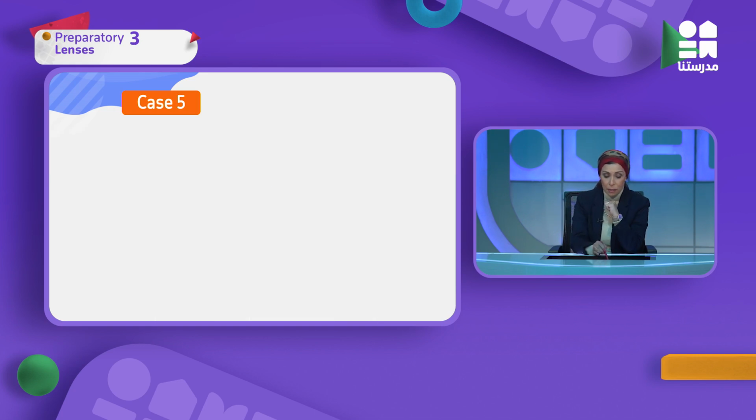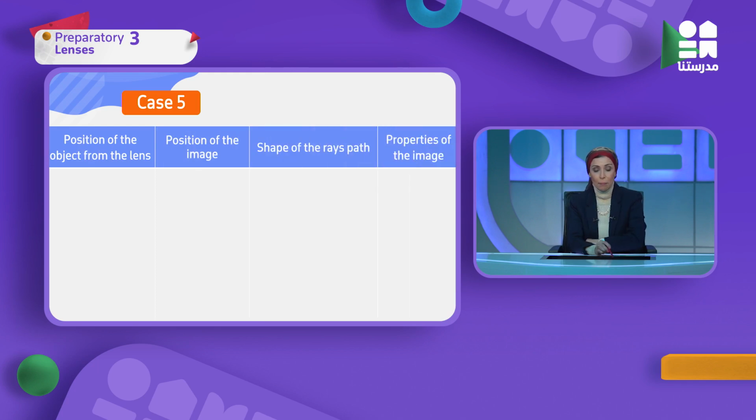The last case: I will come closer again to the lens, so I will be between the optical center and the focus, as close as possible to the lens. Or, another way, at a distance smaller than the focal length.